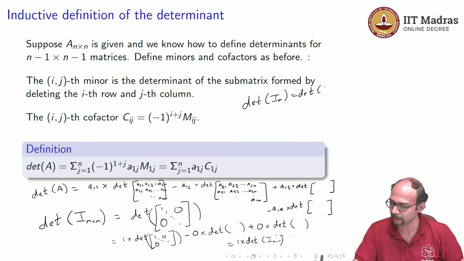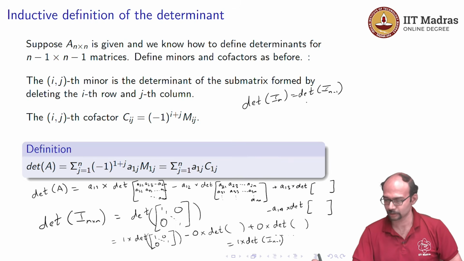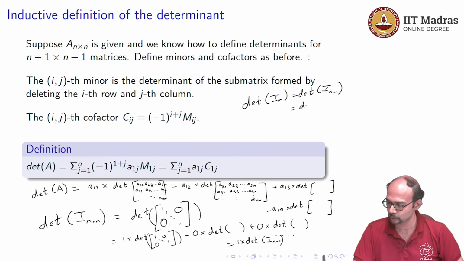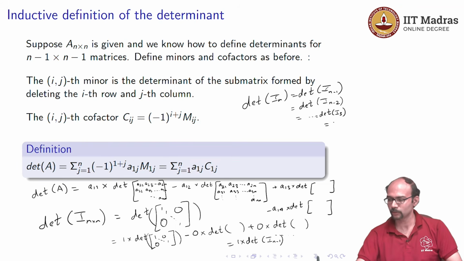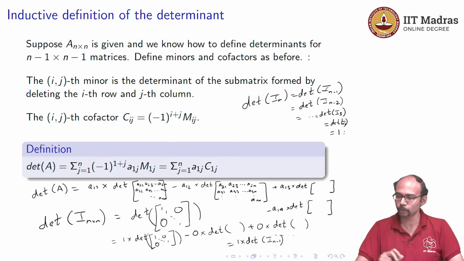That is what we obtained by this process. Okay. And then I can keep doing this, right. So this is determinant of In minus 2 and so on. So the correct way of doing this is what is called induction, and doing this we will reach all the way down till maybe I3, or I2, whichever you prefer, and both of these we computed in the previous video to be 1.